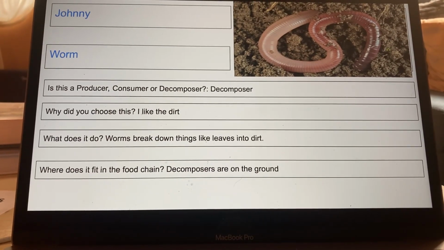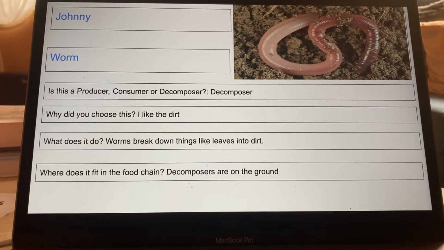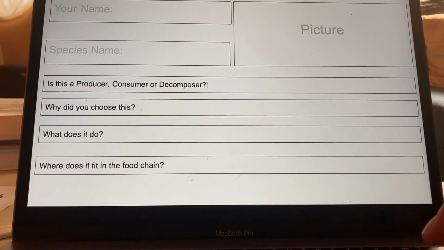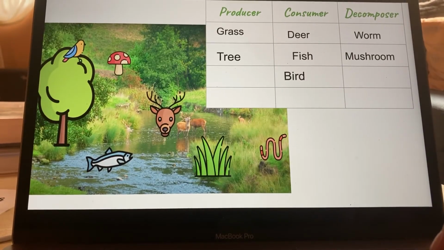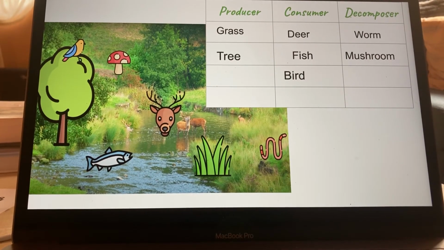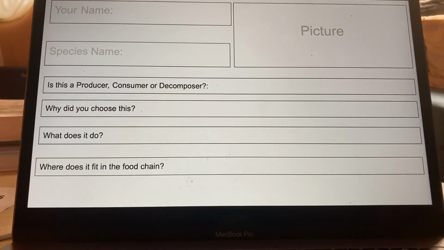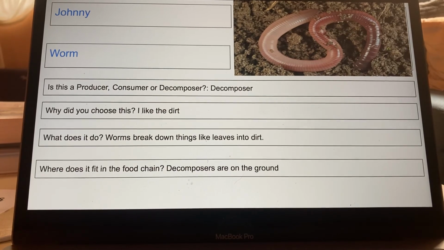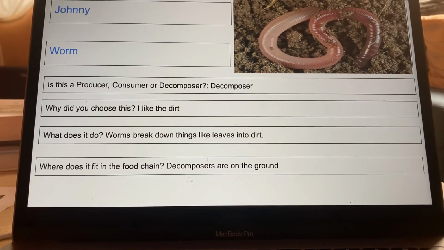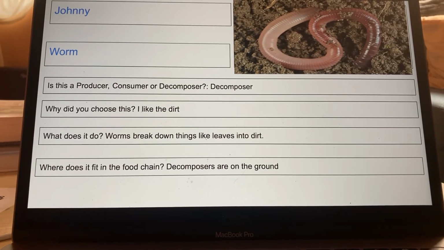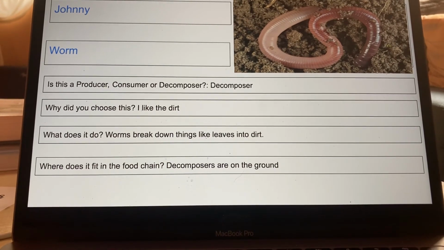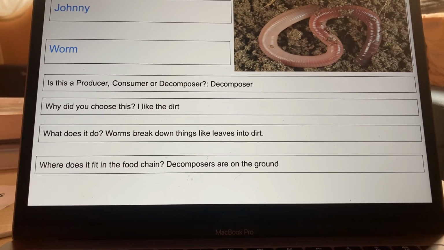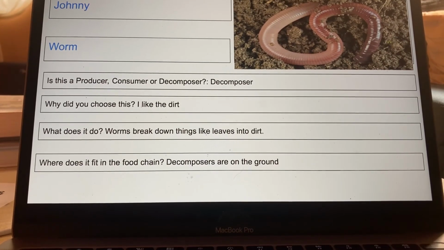So what we're going to do next is everyone is going to fill this out individually. You can choose a producer, a consumer, or a decomposer. If you have questions as to how to fill this out, you can use Johnny's slide as an example. And once we are all done with this, we're going to take our iPads and have this on there and show the pictures to everyone, and we are going to put everyone's example into a food chain.